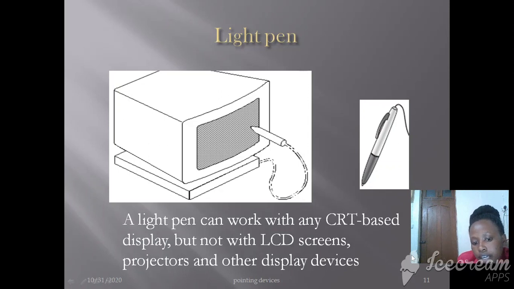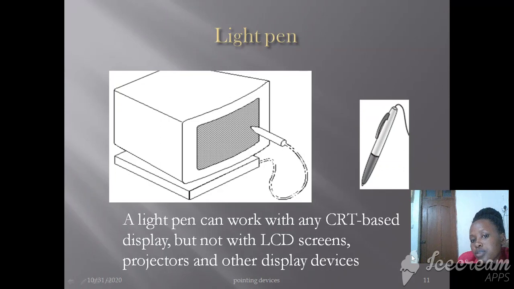A light pen can work with any CRT based display, but not with LCD screens, projectors, and other display devices. This is just emphasizing what I've just told you, that you can only use the light pen on CRT based displays or CRT monitors.